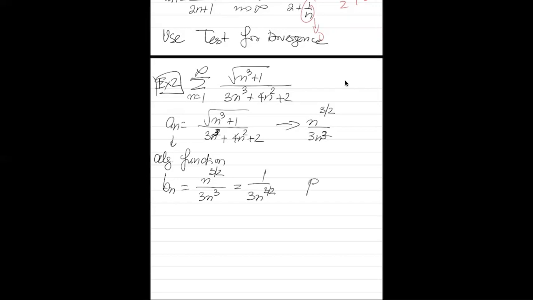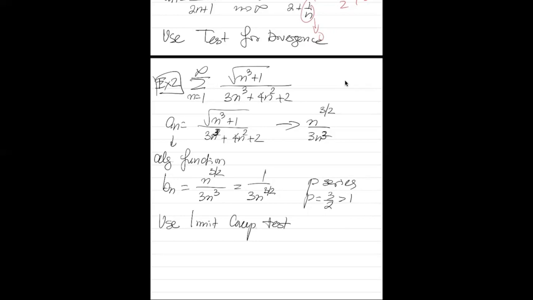So this is a p-series, and p is 3/2, which is greater than 1, and we know it's convergent, but now you have to do the comparison. Okay, I'm going to say use the limit comparison test here.